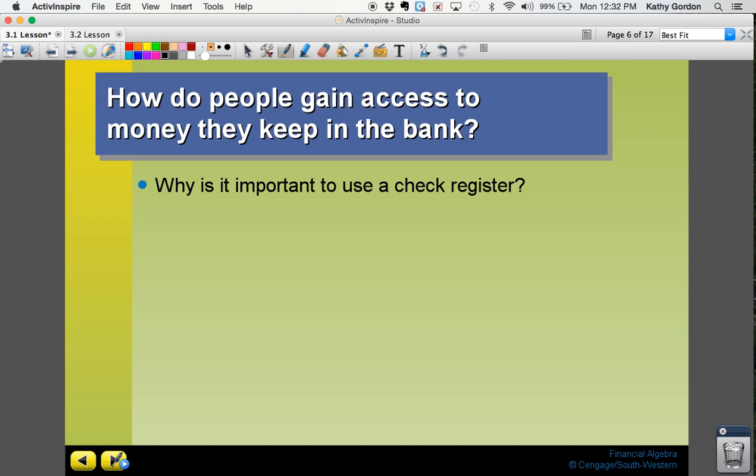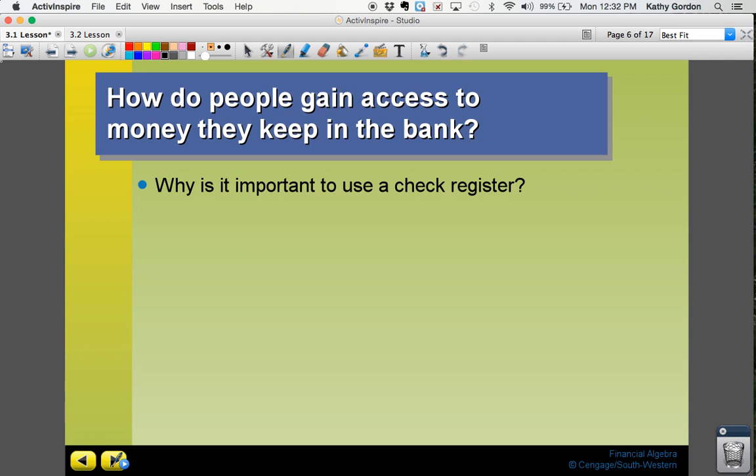and I'm still going to show you how to fill one out and how to use it, because even with your online banking, banks can make mistakes. Sometimes they charge you a fee that you're not supposed to get charged. Sometimes the person who's processing the checks, maybe they transpose a number.